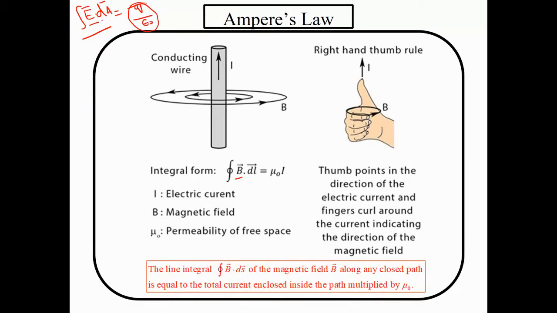And here we have to consider the closed area, but there we have to consider the closed loop, because we are going to consider only the wire carrying the current. If you just see the wire, we only have the loop. Each and every line surrounding the wire is called a loop. But in Gauss's law, we studied the concept of the area. That's why here we use dA, there we use dl. Just compare and study.